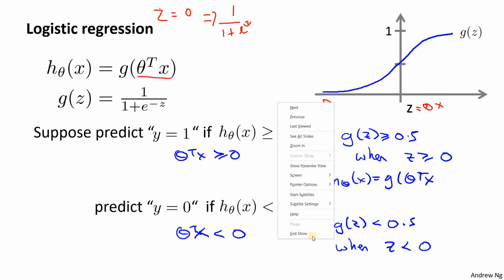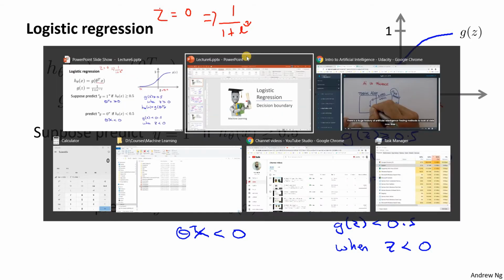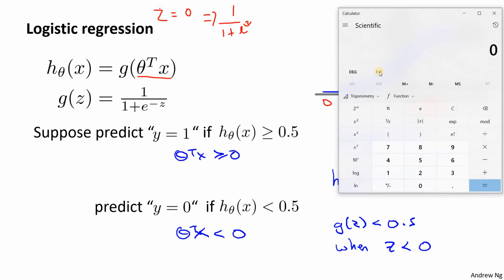I will take out the calculator. The e is given here in the calculator, 2.7182 something, and you take the power of this. So e power 0 gives you 1.